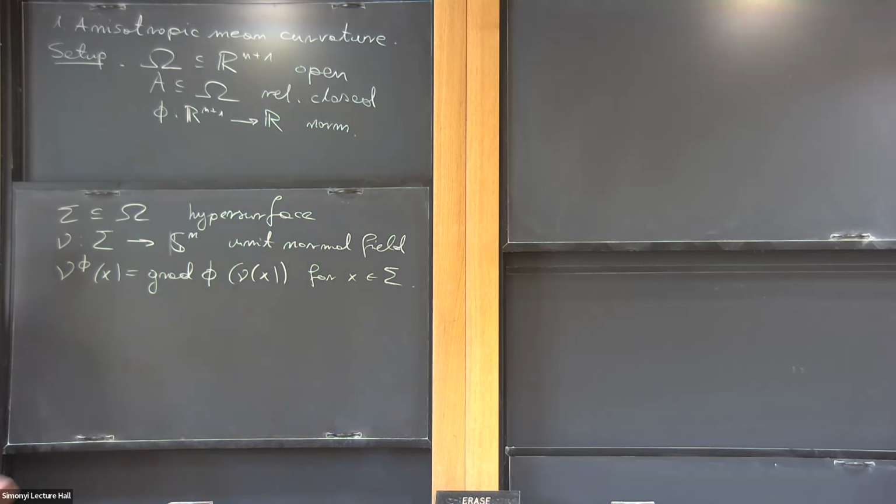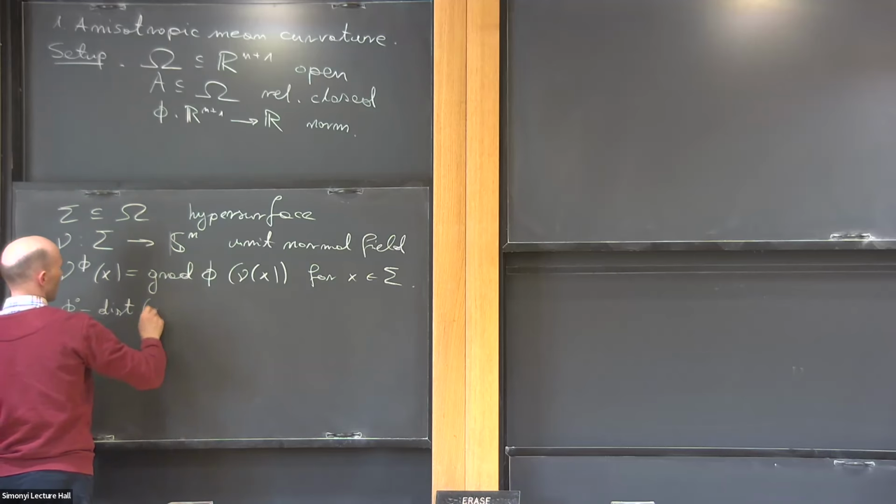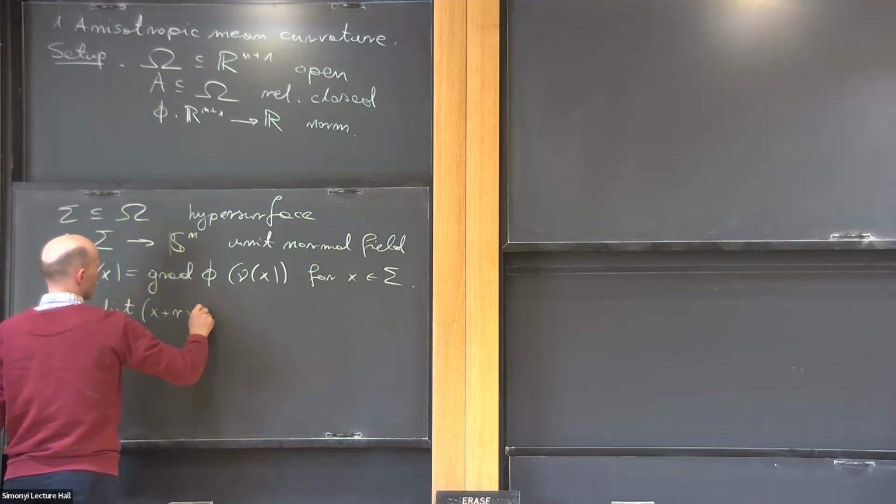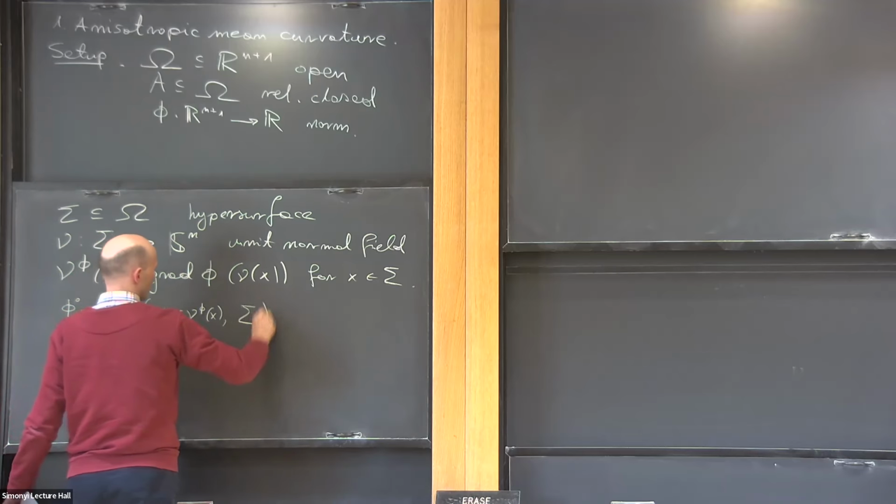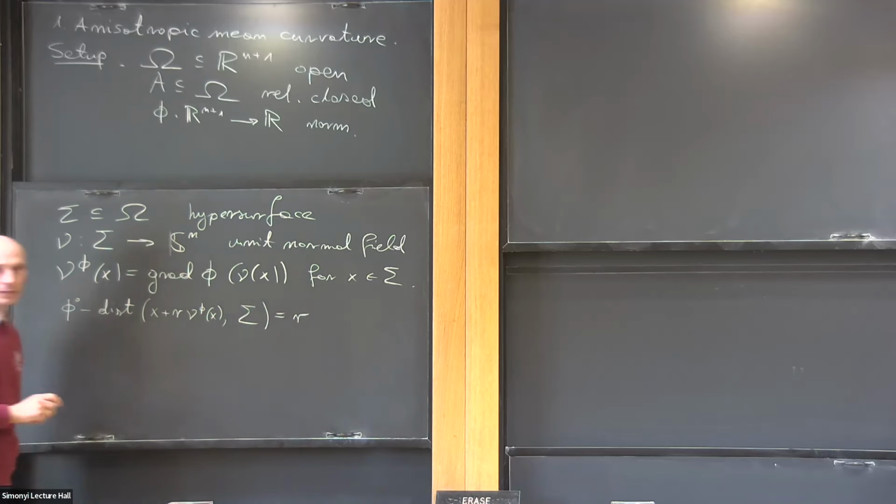It has this special property: if you compute the distance, with respect to the polar norm Phi^0, of x plus r nu_Phi(x) from Sigma, then you get r.